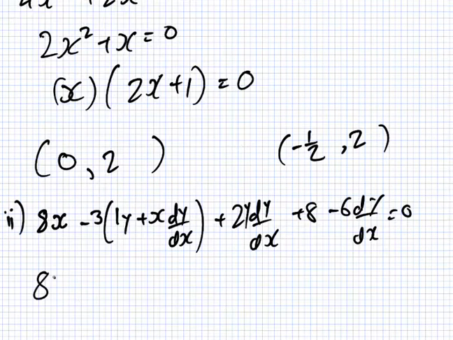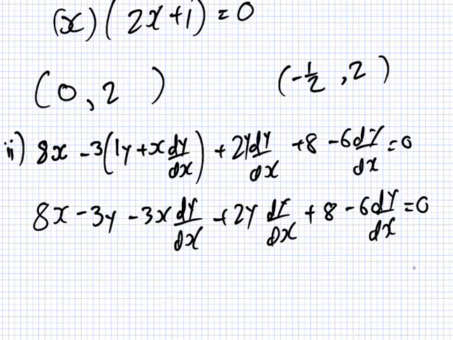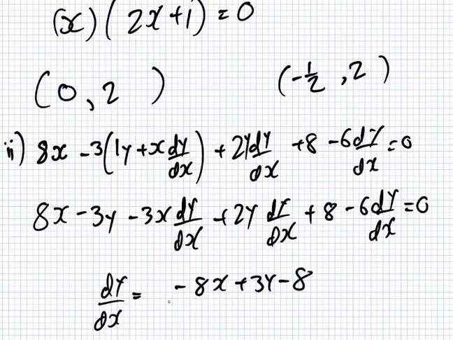So this would be 8x minus 3y minus 3x dy dx plus 2y dy dx plus 8 minus 6 dy dx equals 0. So I get dy dx will equal 3y, put them in the right order, minus 8x plus 3y minus 8 all over minus 3x plus 2y minus 6.